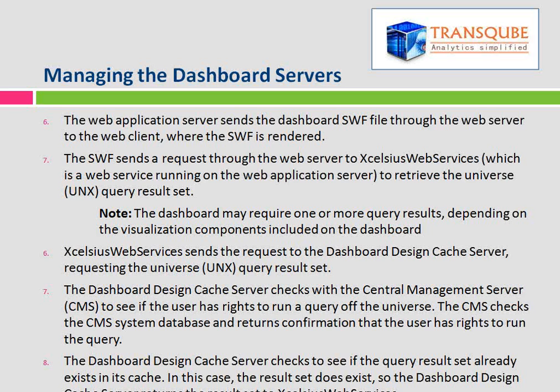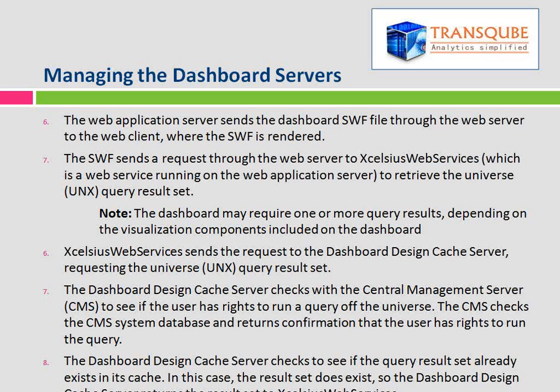The web service sends a request to the dashboard design cache server requesting the universe query result set. The dashboard design cache server checks with the CMS to see if the user has rights to run a query on the universe. If you notice these two steps, you will understand the core relationship. A query which gets translated to a web service internally calls the underlying universe.